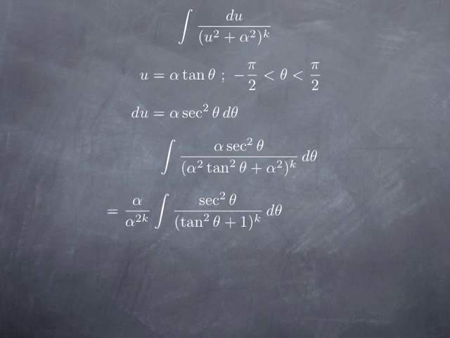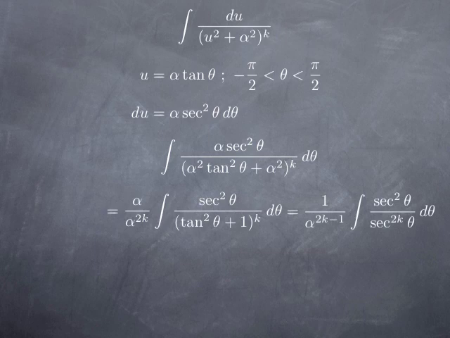And the point of this trigonometric substitution is that tangent squared theta plus 1 is really just secant squared of theta. So at the bottom I really have secant of theta to the power 2k. So in other words, after simplification, what I'm integrating is 1 over secant to the 2k minus 2, which I can write as cosine theta to the power 2k minus 2.